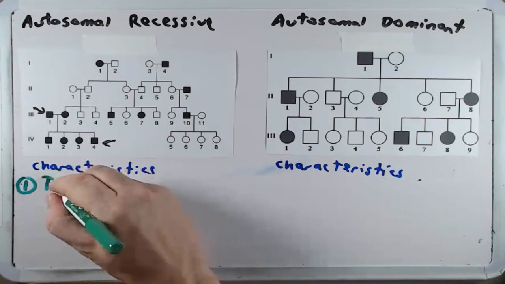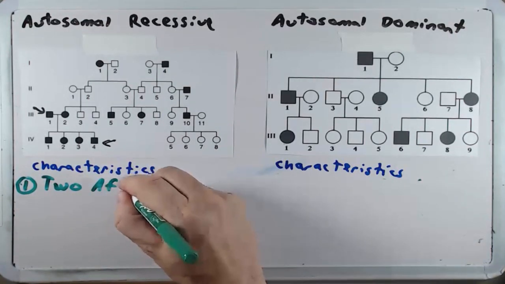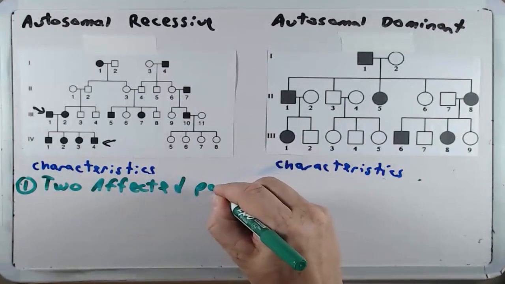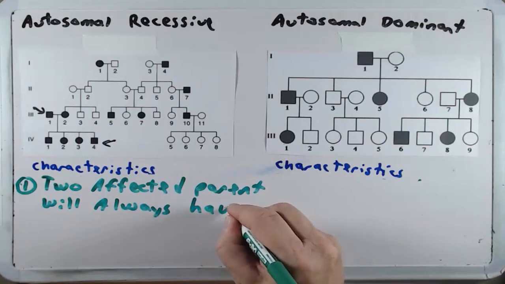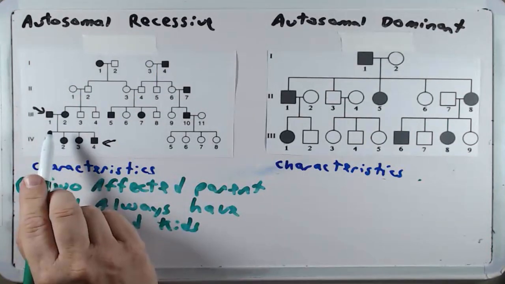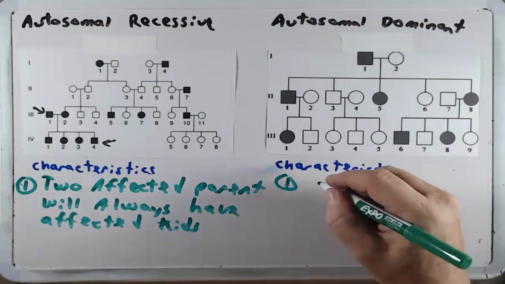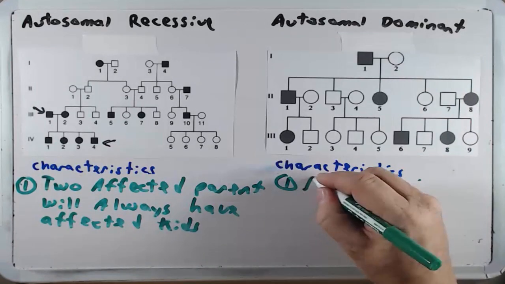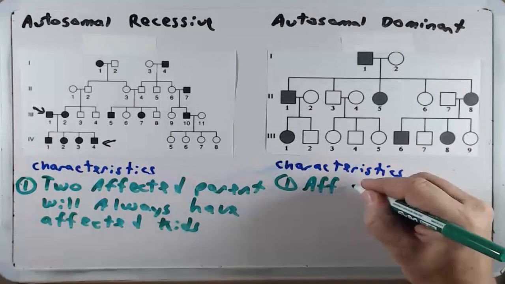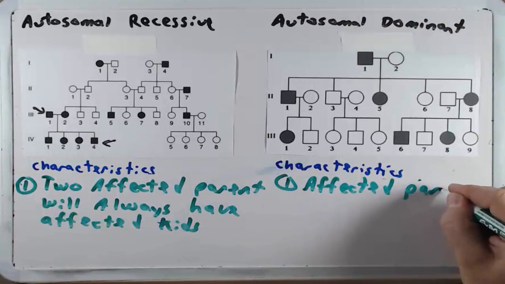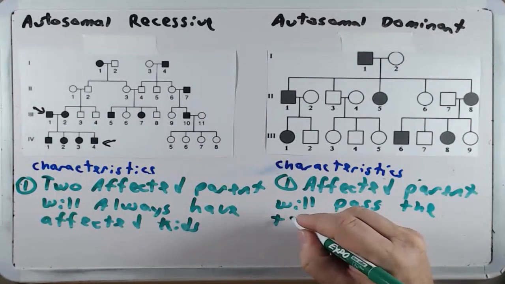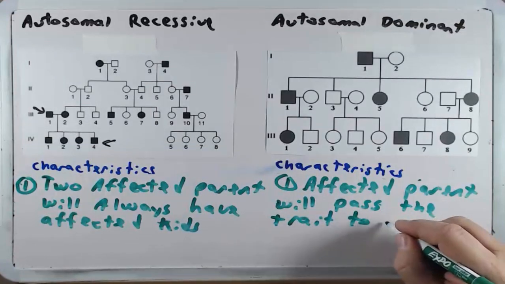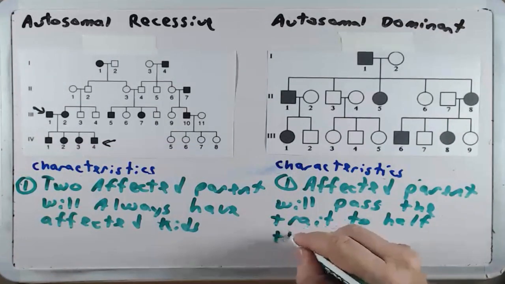So 2 affected parents will always have affected kids, as is shown here. Over here, what we'll say is that an affected parent will pass the trait to half their kids.